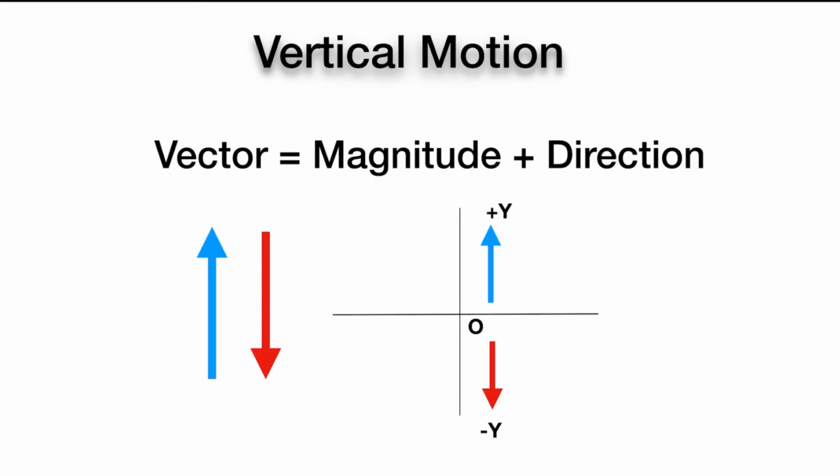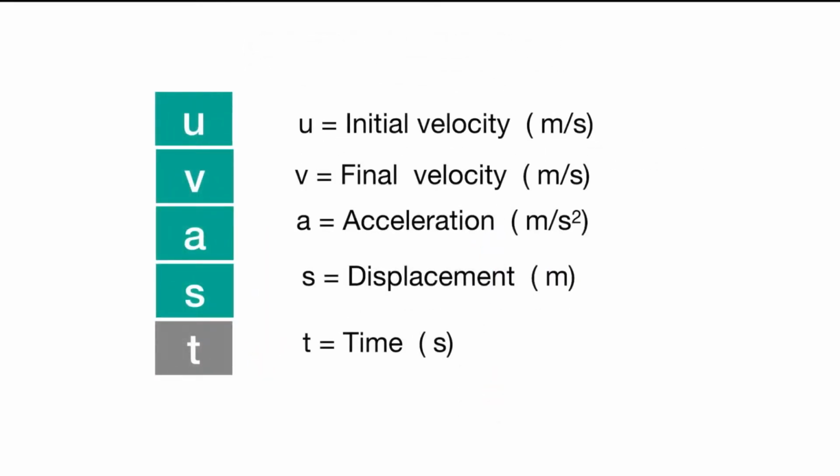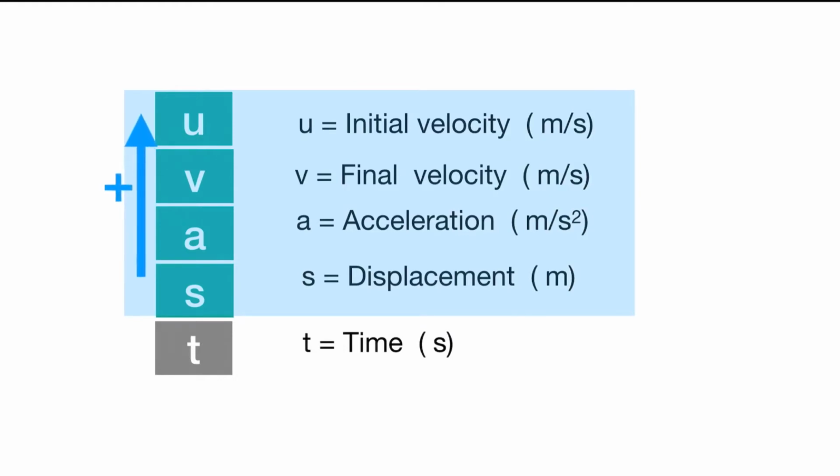Now, out of the 5 variables used in these equations, u, v, a, s and t, 4 are vectors. Time t is a scalar quantity. So for the upward direction, we take all these four variables as positive, and for the downward direction, these 4 variables have negative values. Since the acceleration due to gravity is always in the downward direction, it is always negative.